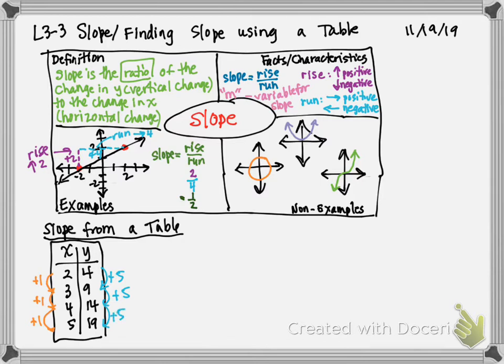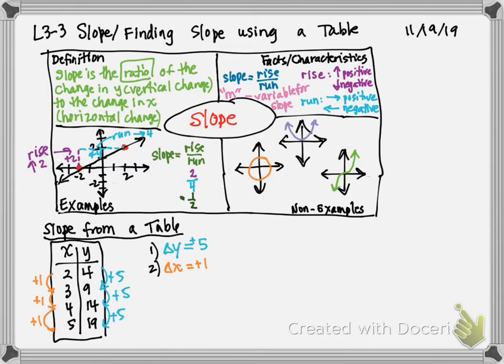So then I take those, and I'm going to follow this process. First, I'm going to look at the change in y. So every time it increased by a 5, so that's a positive 5. Next, I'm going to look at the change in my x. And that was a positive 1.